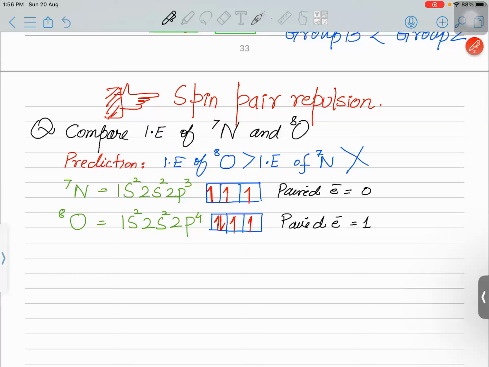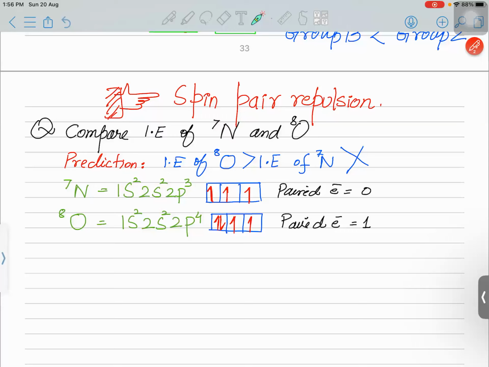Here you have the nitrogen box singly filled. Here you have the oxygen box, where you have 2 paired and 2 unpaired. So which one has more repulsion? Isa, can you repeat your answer?